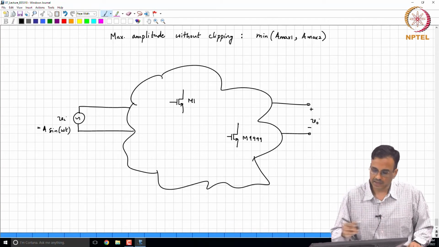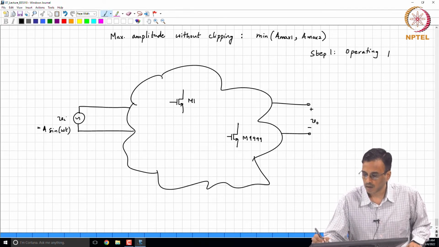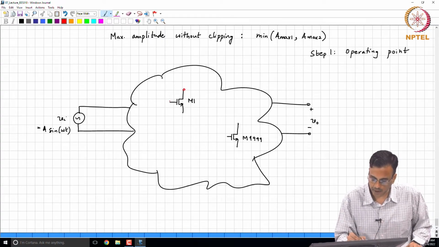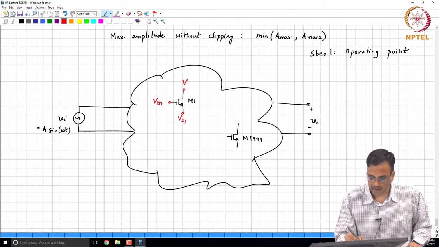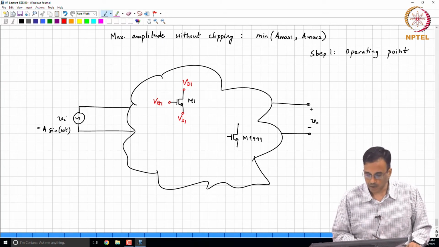Yeah. So, basically step 1 is to find the operating point. So, after you find the operating point, you will know VG1, VS1, VD1. Again, remember, I would like to point this out.